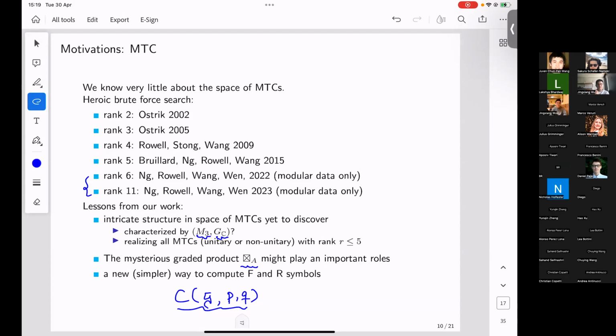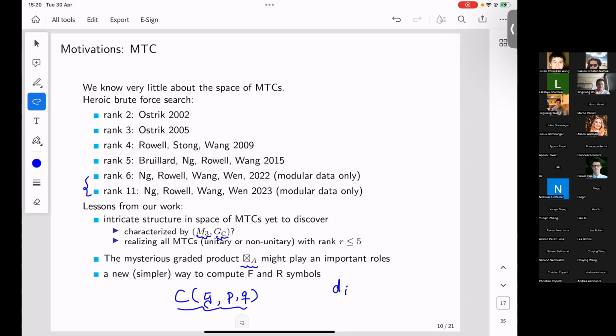Hi, sorry, excuse me. Can you hear me? Yeah. Thanks. Go ahead. Can you remind me the condition for a non-unitary MTC? What's the difference? The simplest way to check whether an MTC is unitary or not is to look at the quantum dimensions.